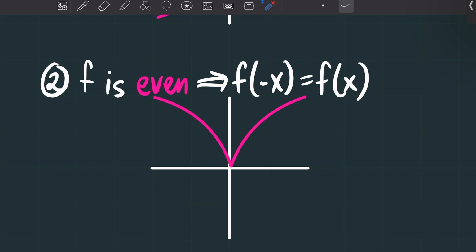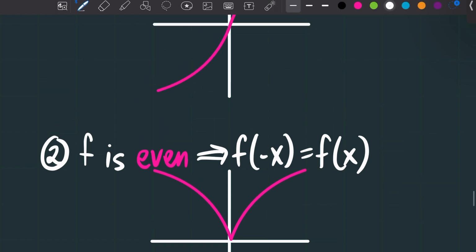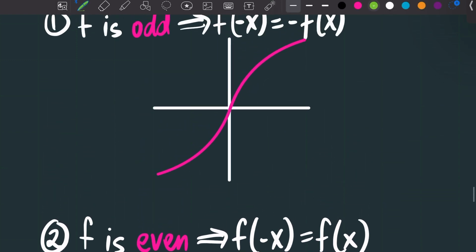So, ano yung mapapansin natin sa graphs nila? So, let's consider a certain point sa kanan, say x equals a. So, this is x equals a. So, kung nag-exist ang x equals a, then nag-exist din yung x equals negative a. So, hanapin natin siya dito.